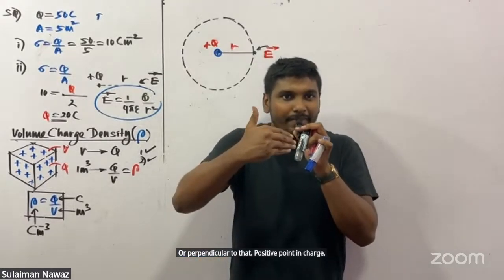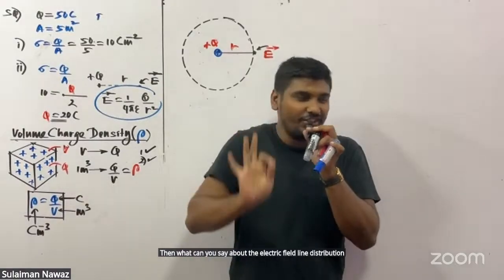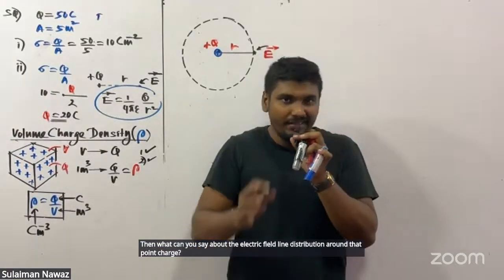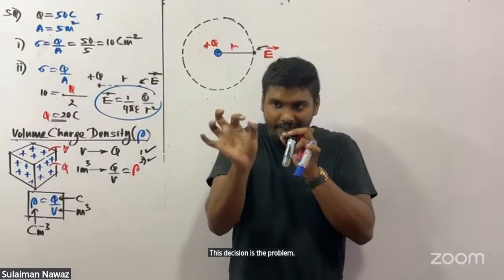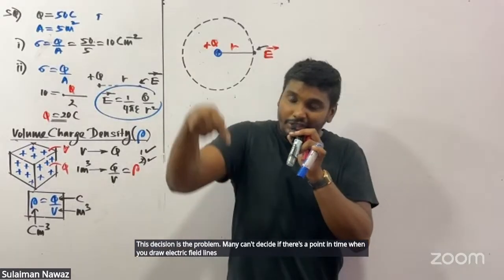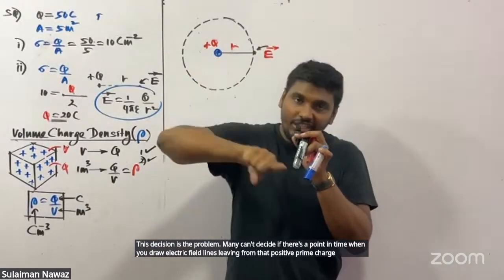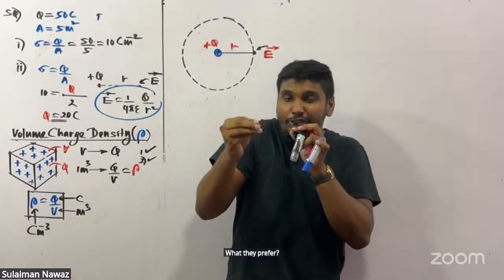Then what can you say about the electric field line distribution around that point charge? This decision is the problem. Many can't decide. When you draw electric field lines leaving that positive point charge in all directions, what type of electric field line distribution will you get?